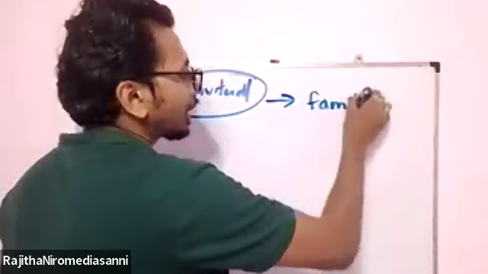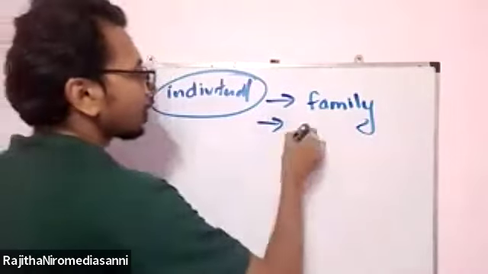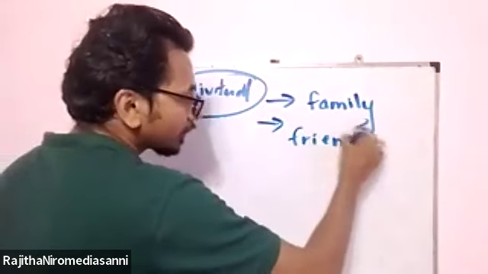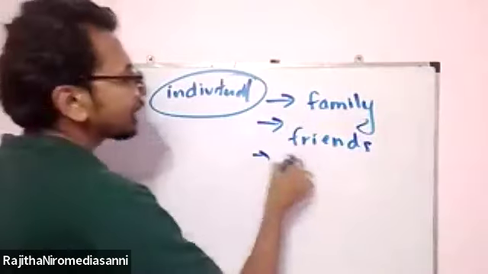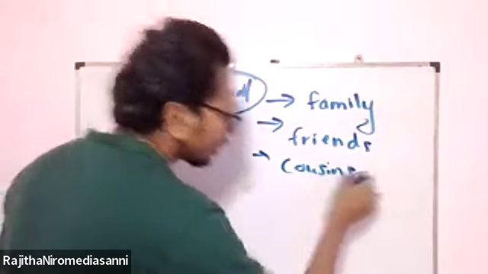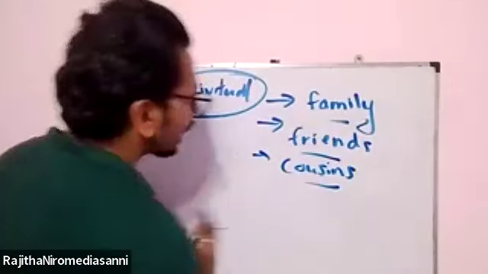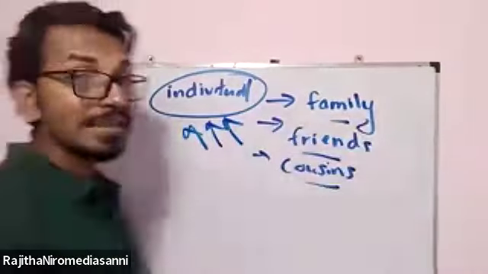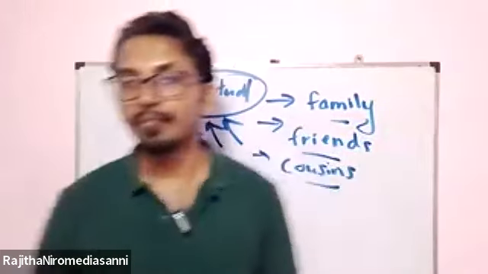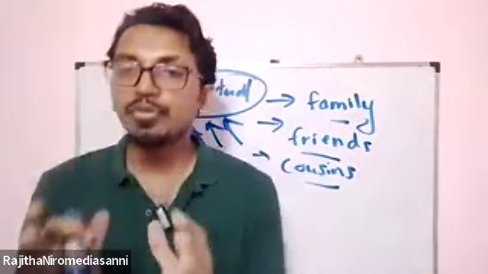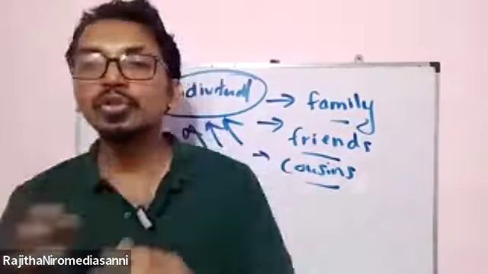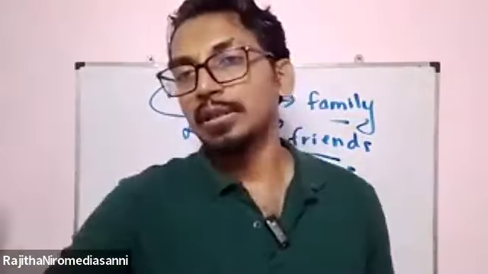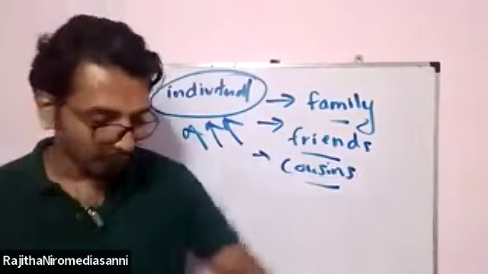Family, friends, your cousins or something that you have, close friends. This type of people are individual connections that you have. Individually, you share some ideas with them. That is the point. Okay.